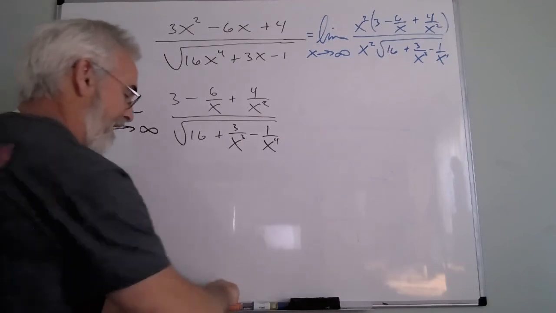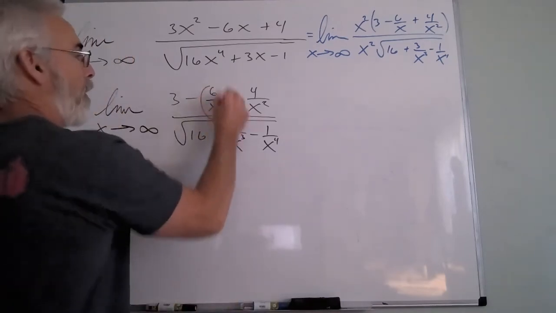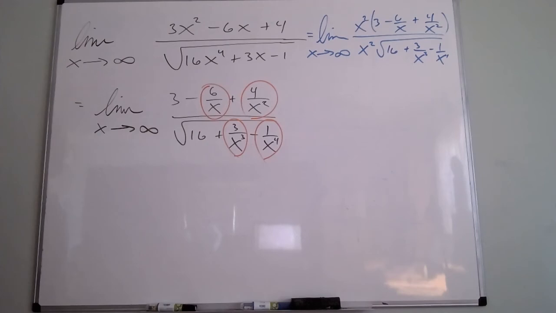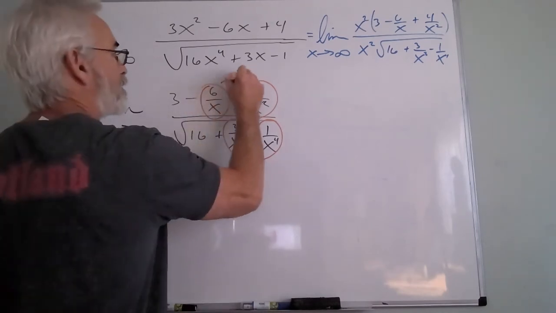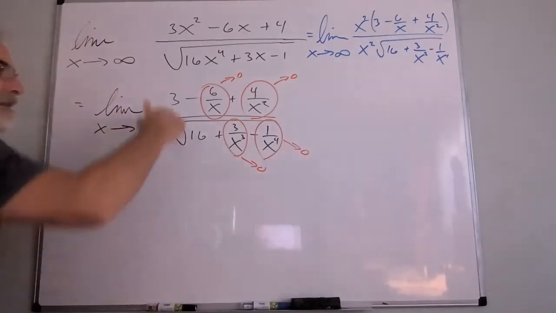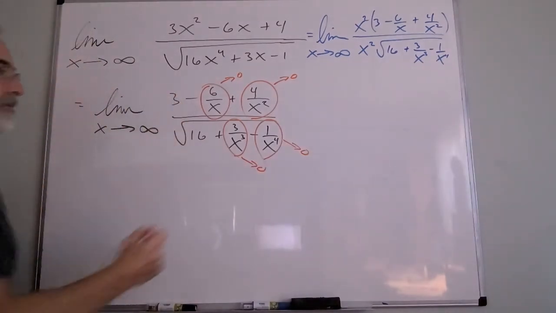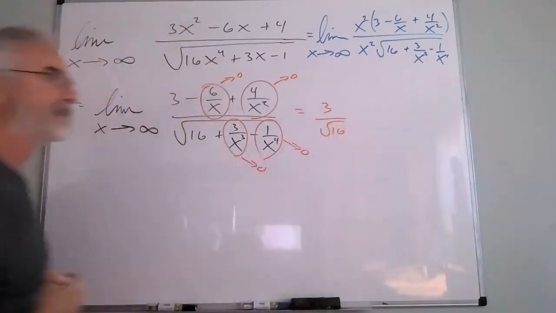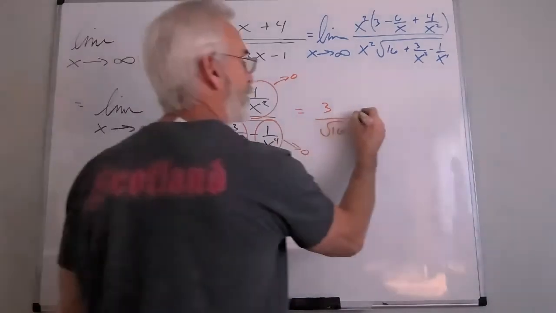So you notice what you have at this point. You have a whole bunch of transient terms. And when I take that limit, all of my transient terms will approach 0. But I don't touch the constant terms. So this is 3 over root 16, which is simply 3/4.